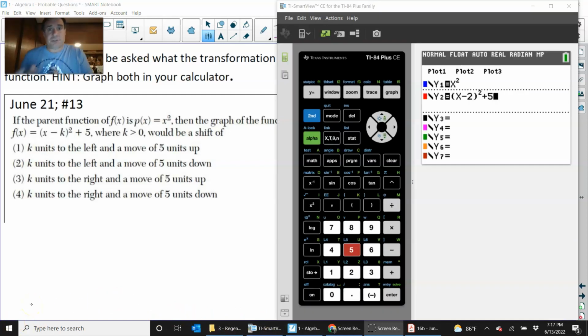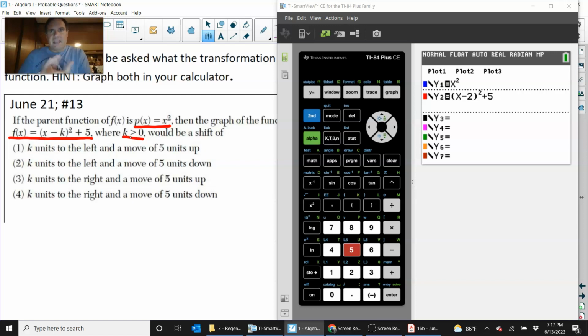So this one is a little bit tricky. It says the parent function of f of x is p of x equals x squared, which is right here. So I put that in as y1. The graph of the function, this right here, where k has to be greater than 0, would be a shift of... They want to know what the shift is from the parent function.